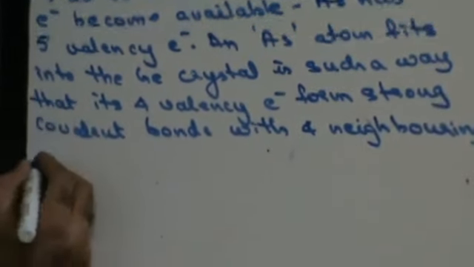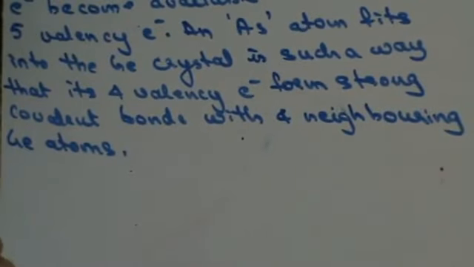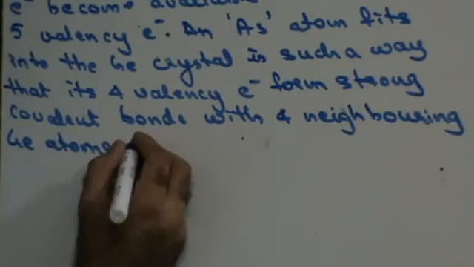The 5th valency electron in the arsenic has no place in the covalent bond.